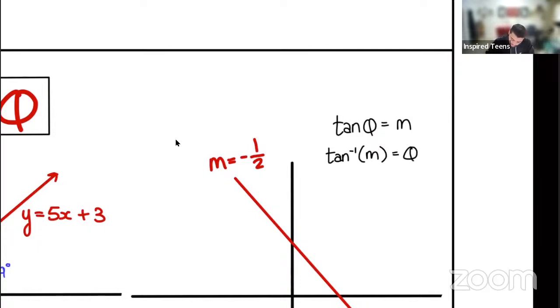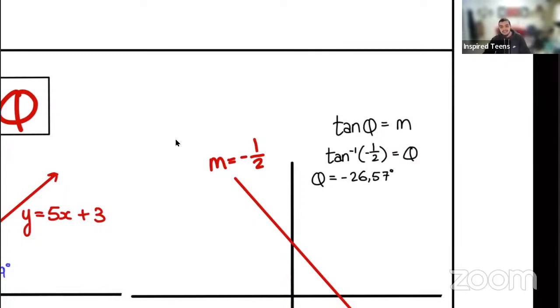So when I solve for theta, I should say shift tan negative 1/2, because negative 1/2 is my gradient, right? In my calculator, if I put shift tan negative 1/2, I get a negative answer, negative 26.57 degrees.